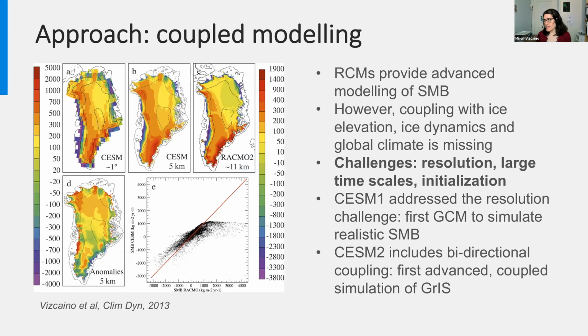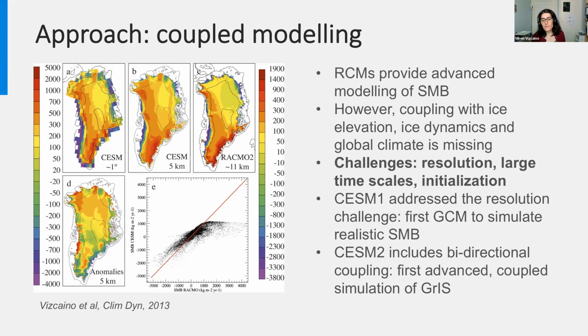So the number one challenge possibly is related to resolution, both spatial and temporal. The standard climate model that is used in IPCC assessments doesn't have enough resolution to resolve the large melt gradients at the margins of the ice sheets.